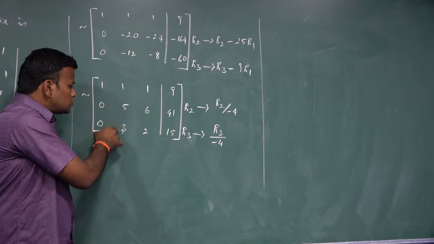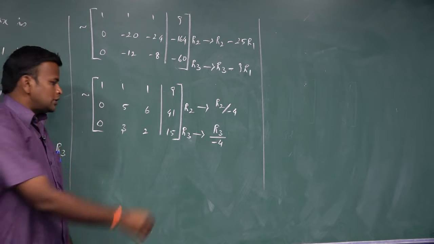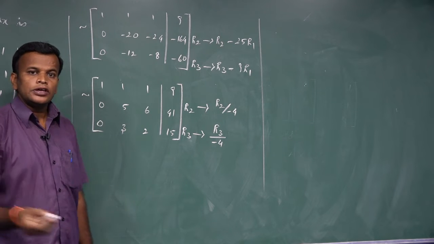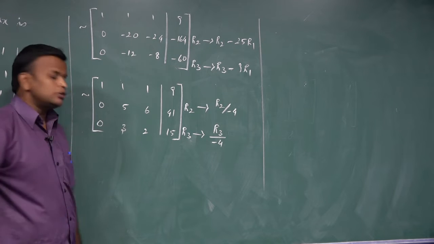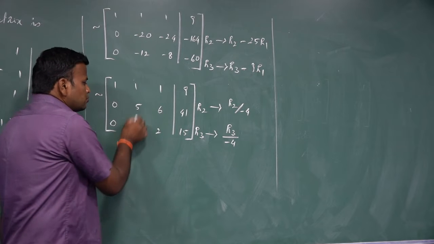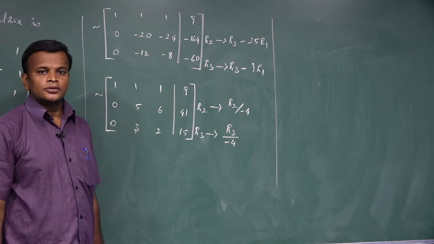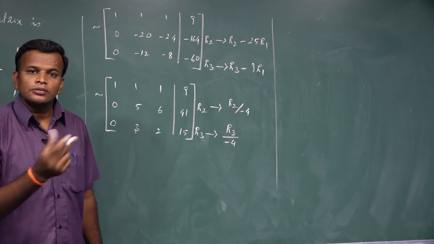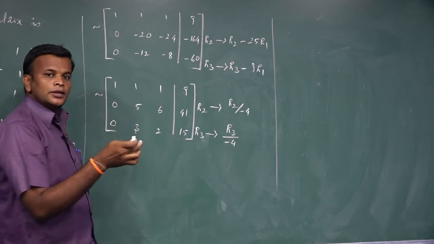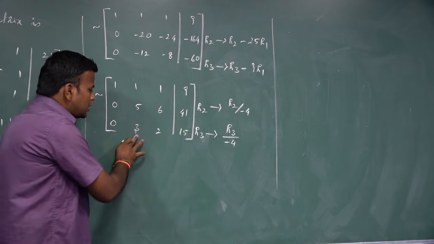Next we see these two rows only. The element is 3 and that element is 5. Our motive is to convert that element to 0. So how to write R3? Suppose the numbers are different, so we interchange the numbers. We multiply the third row fully by the number 5 and the second row fully by the number 3.